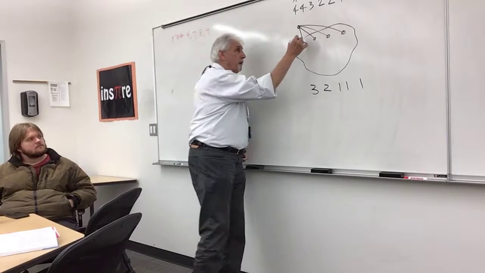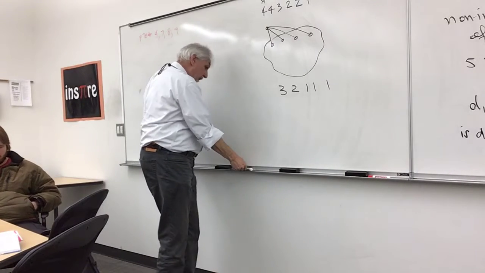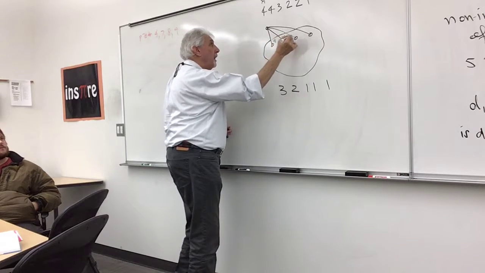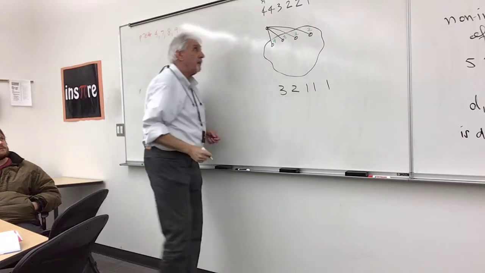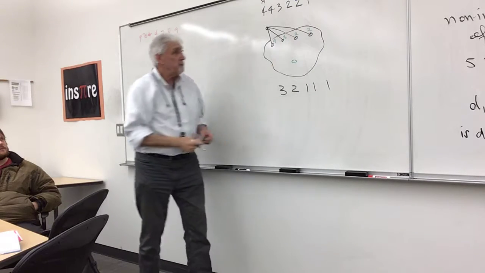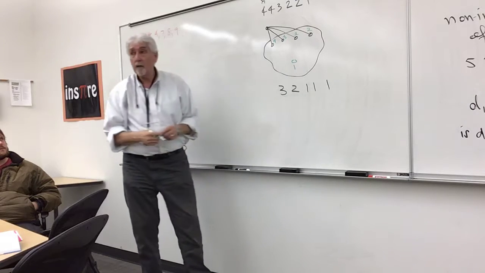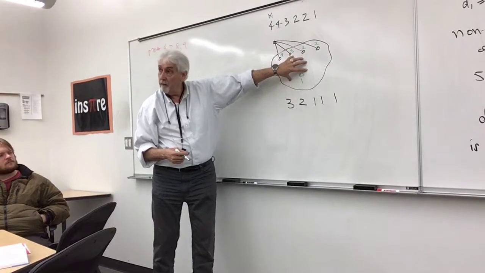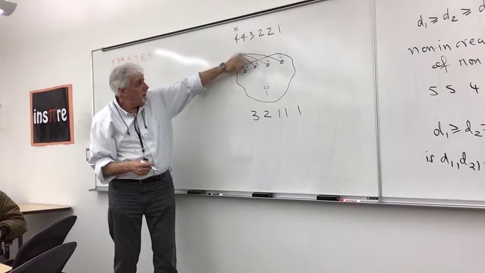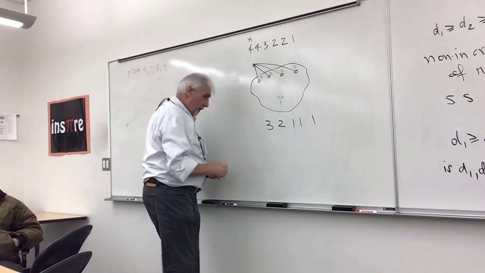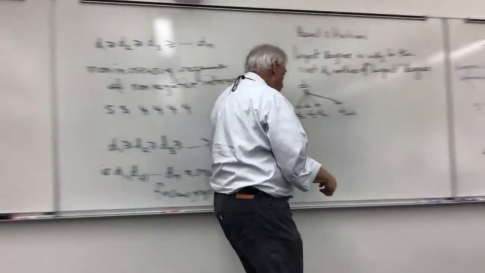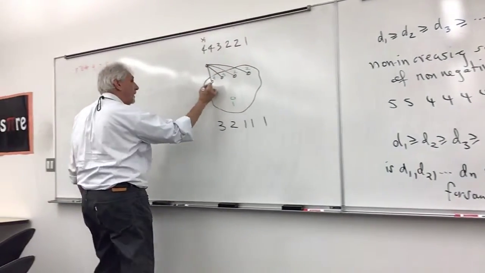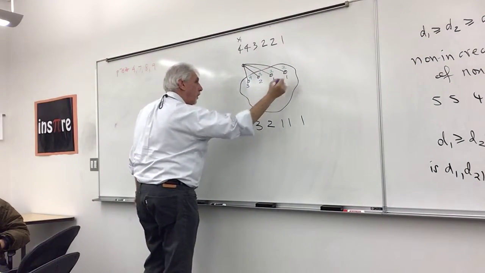So in the original graph, this had degree 4, this had degree 3, this had degree 2, and this had degree 2. There's just one more point, and it still has degree 1. These are the degrees in the original graph, but in this graph down here, it now has degrees 3, 2, 1, 1.